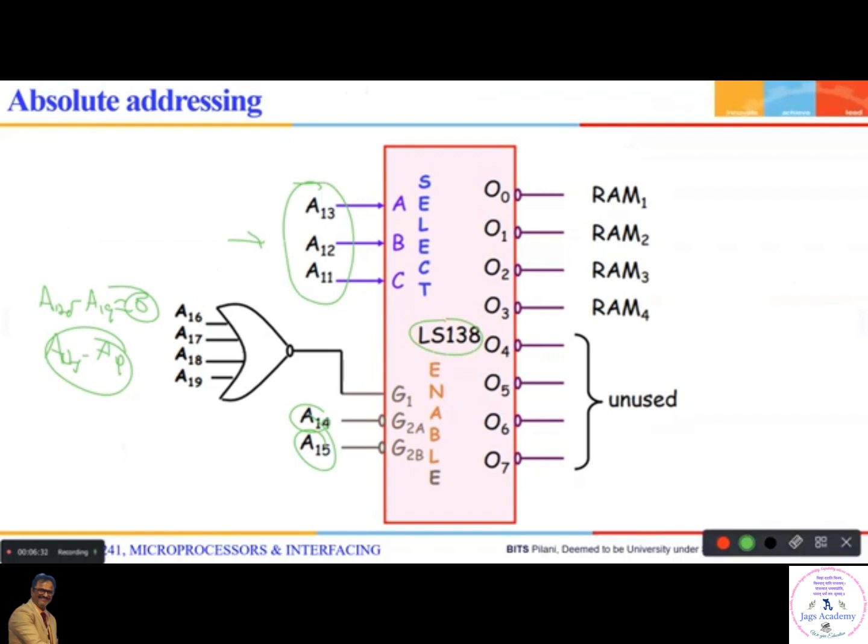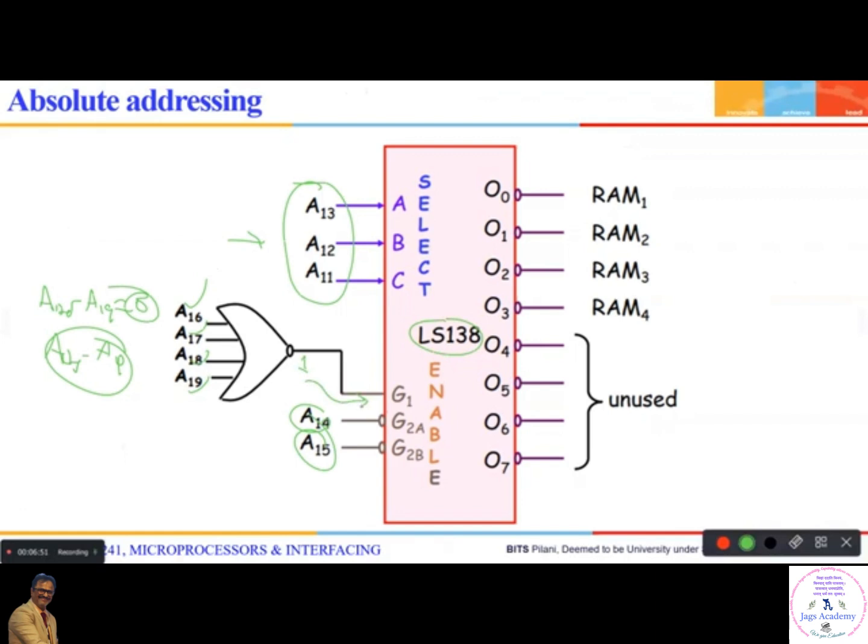Use the remaining address lines. What are the remaining address lines? A16, A17, A18, A19. But those are 0. How do you make it 1? Use an OR gate. So all these are 0, 0, 0, 0, and a 1 will come here and G1 will get 1.